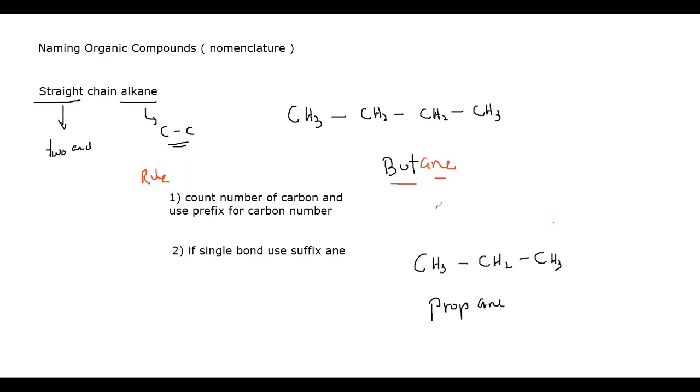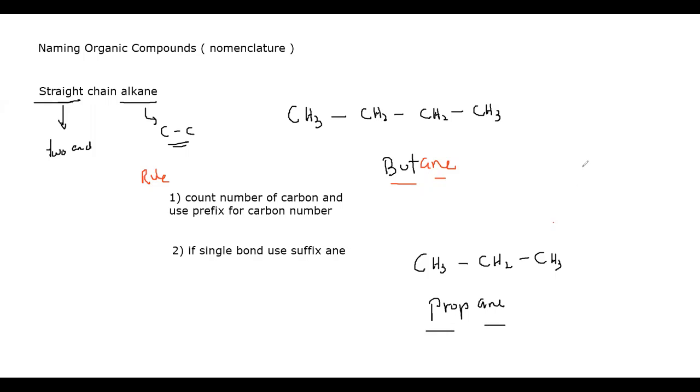So the reason why you should identify the type of the chain is because there are different rules for naming a straight chain hydrocarbon, naming a branch, and naming a cyclic. So rule for naming a straight chain hydrocarbon, number 1, you will count the number of carbon and use a prefix for carbon number. And if there is a single bond, you will simply use the term ane. So it is prop because of 3 carbon and ane because they have a single bond.